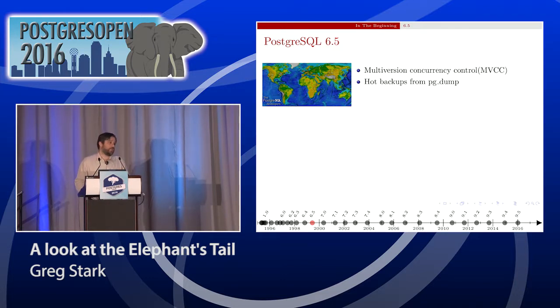Multi-version concurrency control is not something unique to Postgres, but is unique in the open source world and not very common even in the commercial world. Hot backups via pg_dump were obviously something that has stuck around since then and is still very valuable.